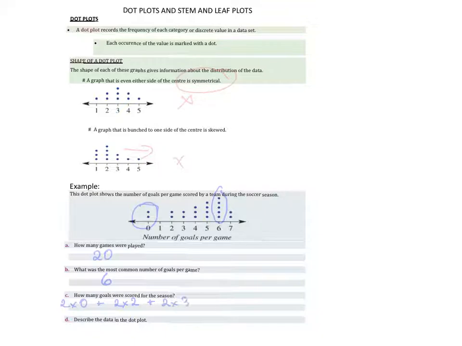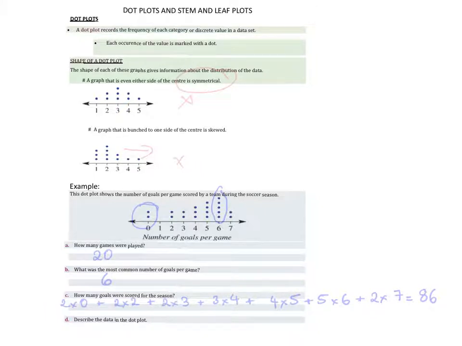So it's 2 times 3 plus 3 teams scored 4 goals in a game, so 3 times 4 plus 4 teams scored 5 goals plus 5 teams scored 6 goals plus 2 teams scored 7 goals, and that is a total of 86 goals.